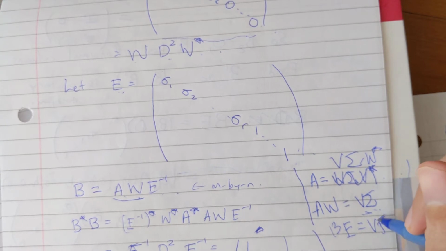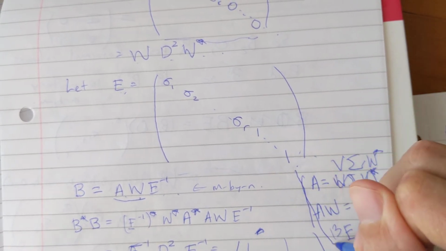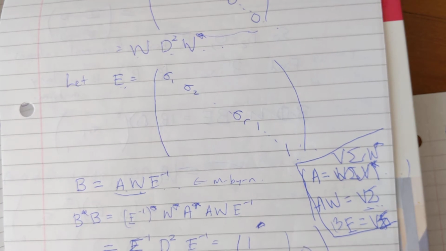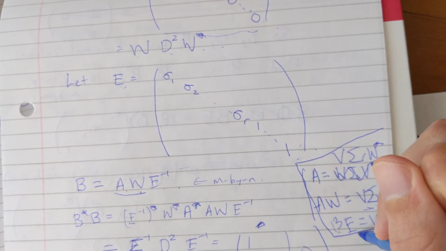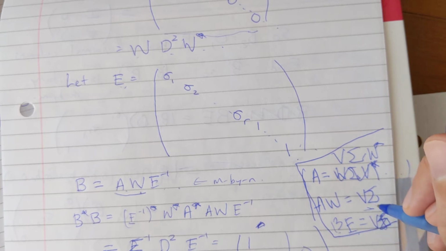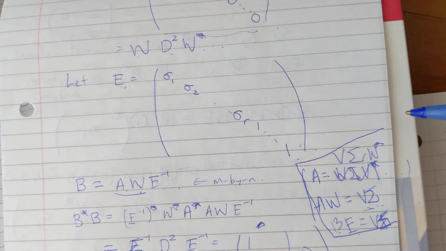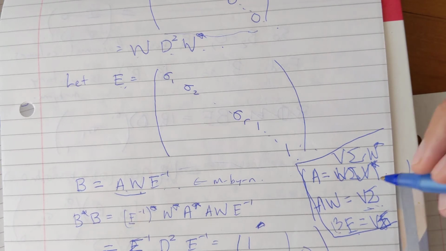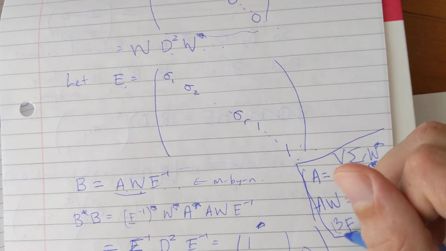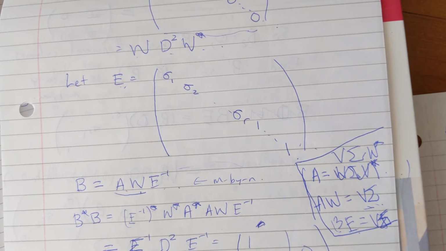That is our goal. This is just scratch work on the side. If we can write B times E as some unitary V times our original matrix sigma, when we get there, I'll remind you what that is. But we're trying to show some kind of factorization for B times E.